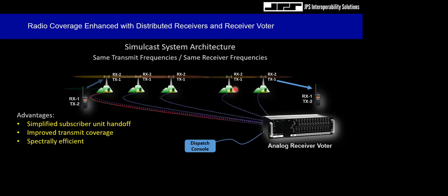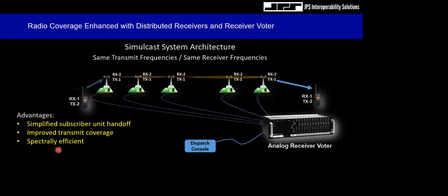And as I mentioned earlier, if we have a system such as this, which is a simulcast system transmitting all at the same frequencies, there might be a chance that we might be interfering with the signal. We might have some phase degradation due to the similarities of the transmitted frequencies from the transmit of the remote site. So it's very spectrally efficient.